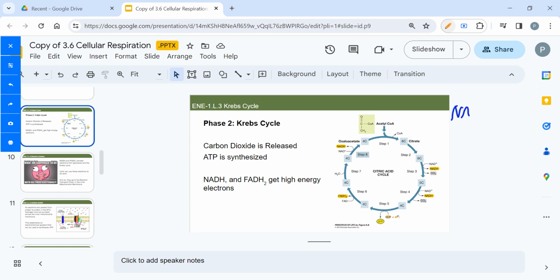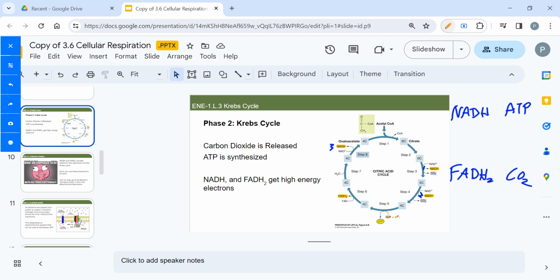So I got NADH, I got ATP, I got FADH2, and I got carbon dioxide. These are the 4 things I'm making during this. So let's count my NADHs. I got 1, 2, 3 NADHs.